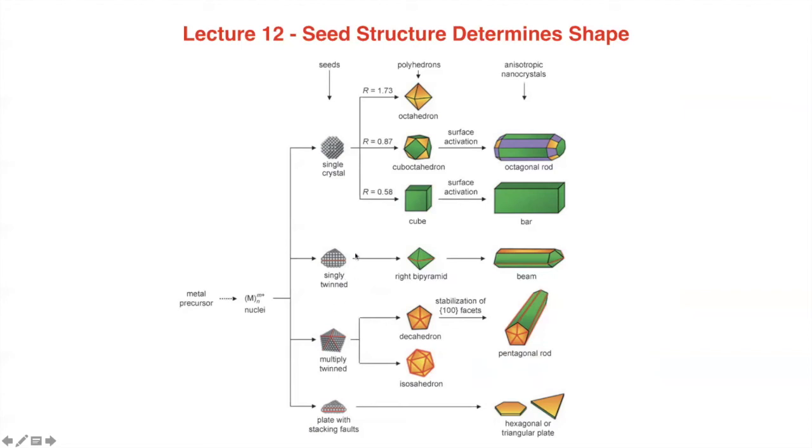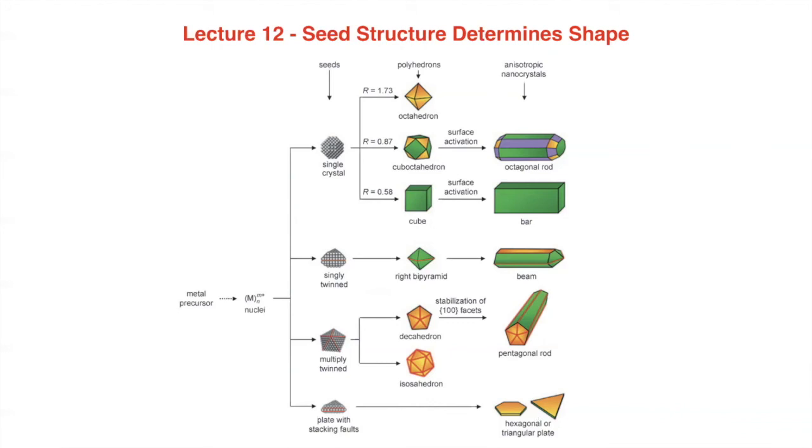If you get a different type of seed that has a different twin structure, like the singly twinned object here, you can get a right bipyramid or a beam, or if you get a doubly twinned type of seed, it can go on to form platelet-shaped metal crystals, hexagonal or triangular platelets.